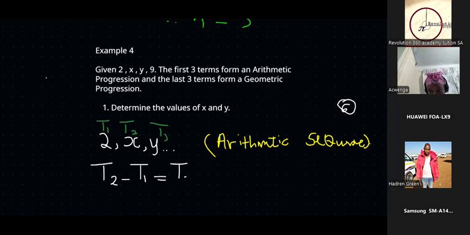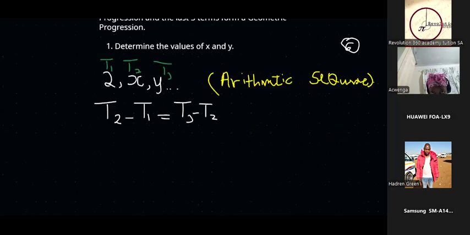From that, T2 is x, minus T1 which is 2, is equal to T3 which is y, minus T2 which is x.